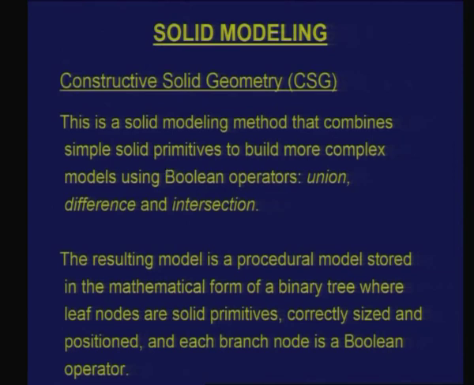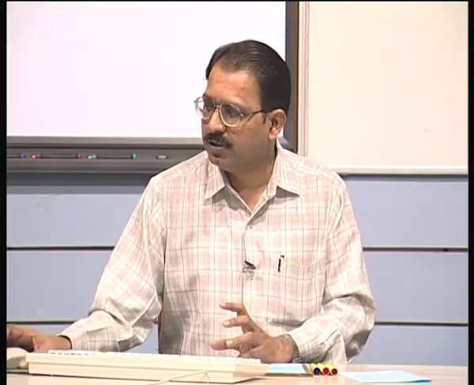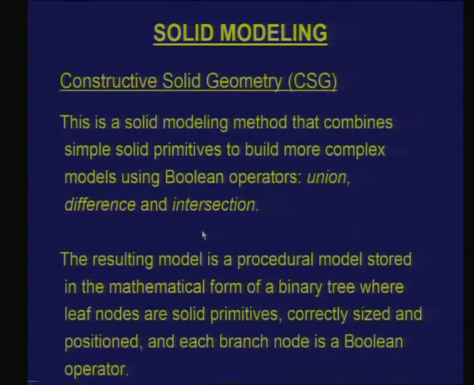There are certain solid forms with which we are familiar, like a cylinder, a cone, a cuboid, a torus, or a sphere. I can combine these using Boolean operations. The three Boolean operations which are used are union, difference, and intersection.